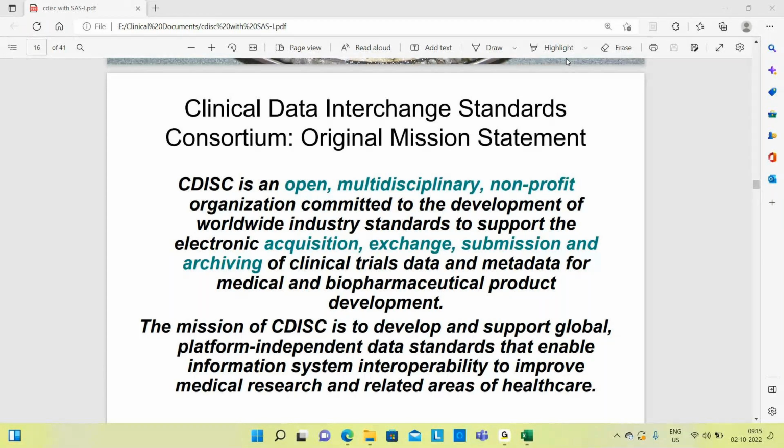The concept of CDISC is that it will provide guidance to all the countries across the globe. Suppose in Germany or some other countries, you are not supposed to ask people their age. In that case, it will say expected: if you want to tell, you can tell, otherwise no. In India, everybody will tell their age. When going to a doctor, they will tell their age, right? Right. Next.